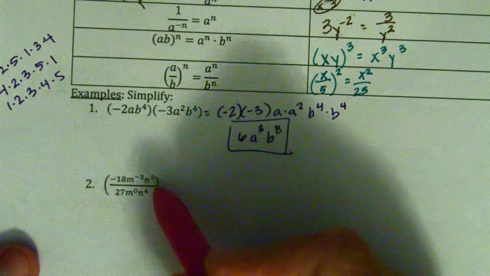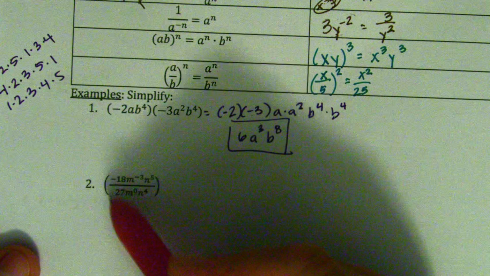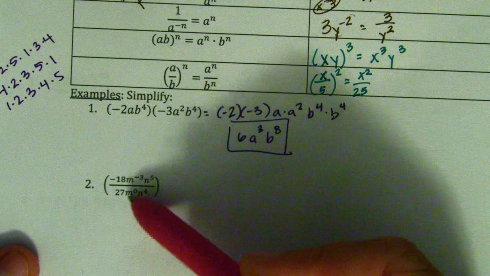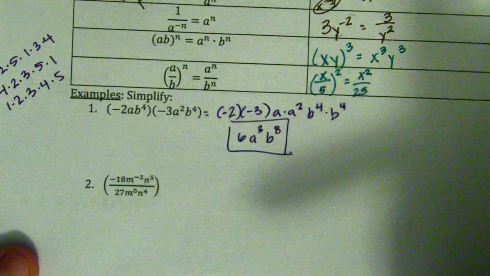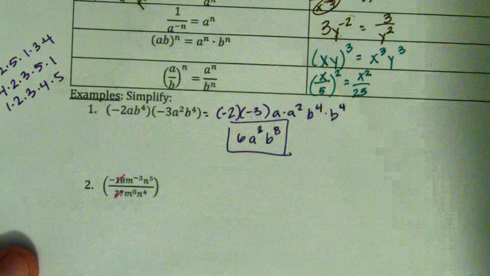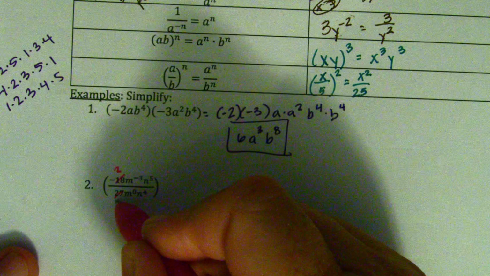Here, I have a set of parentheses around this whole thing. There's no exponent for me to distribute. I just need to reduce this fraction. Well, the m's will reduce with each other, the n's will reduce with each other, and the numbers will reduce with each other. 18 and 27 have a common factor of 9. 18 divided by 9 is 2, and 27 divided by 9 is 3.